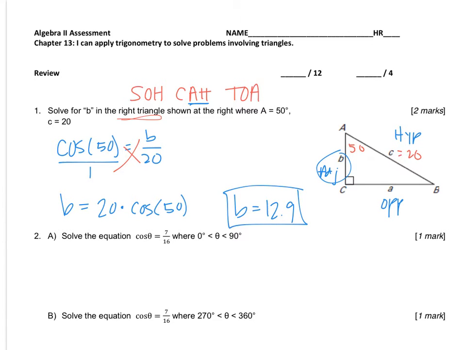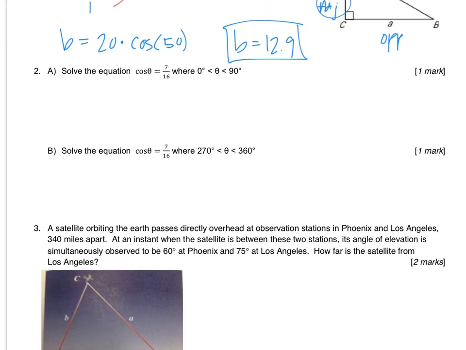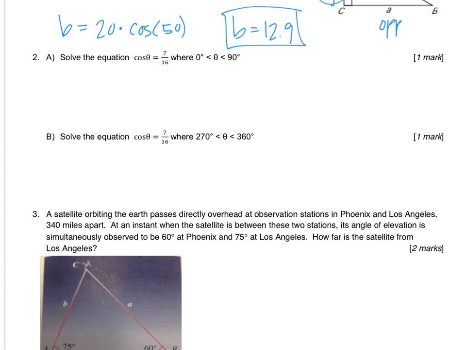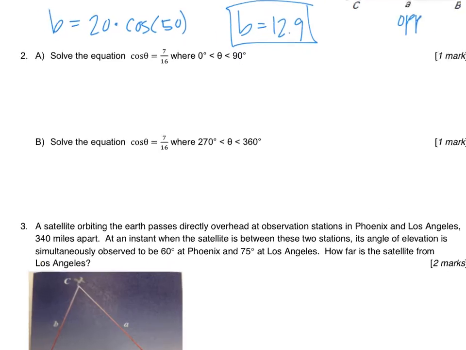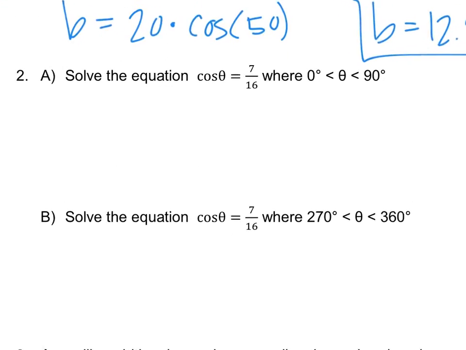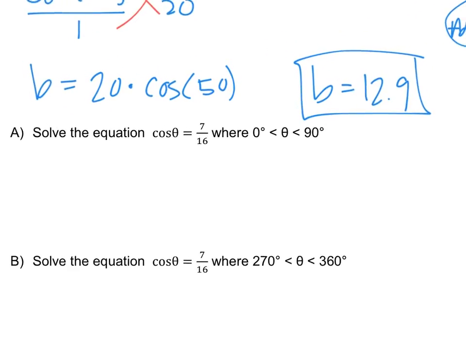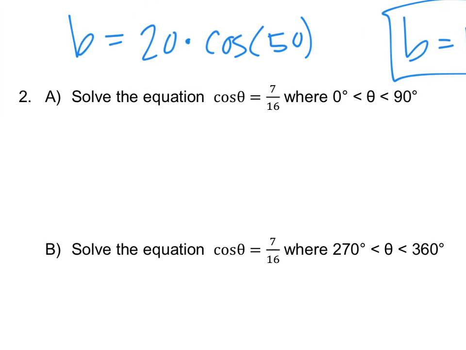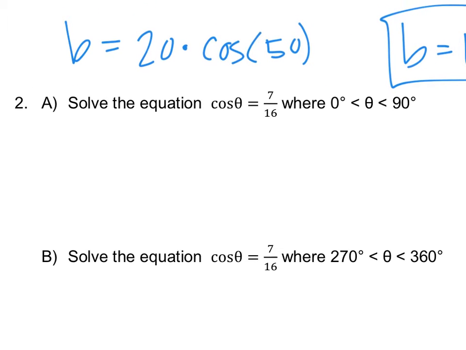Okay. Question 2, solve the equation cosine of theta equals 7/16, where the angle is between 0 and 90. So this one you just put in your calculator. We want to get rid of this cosine, so we are going to use the inverse cosine.